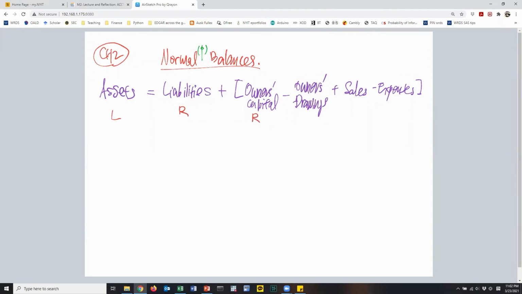Owner's capital, right-hand side. Sales on the right-hand side, right? But we should pay special attention to owner's drawing and expenses as they have negative signs, right? Meaning, even though they are on the right-hand side, they are not comfortable about their positioning. So rather than say they are located on the right-hand side, we say they are on the left-hand side, around an equation.